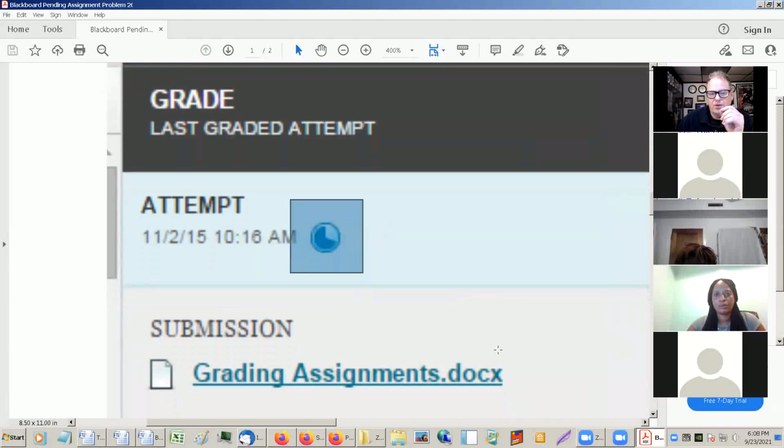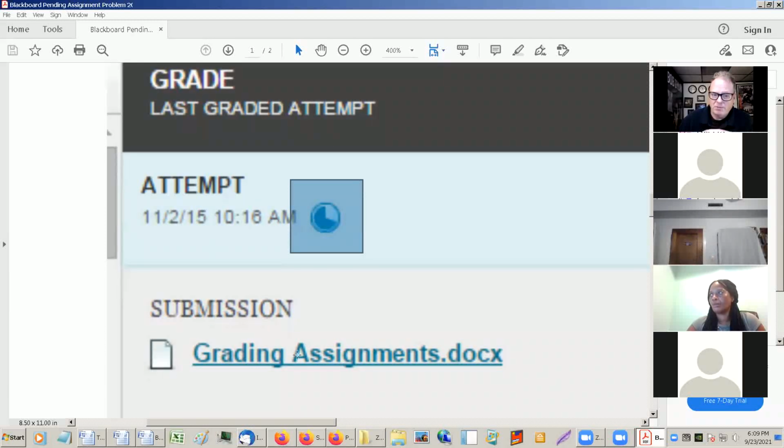It's pending. You can see it because it'll be in your Blackboard account, but I can't. And not only that, I can't delete it. So you have to go through and submit it, make it a submittal for that assignment. And it's confusing because you look at this and it'll show submission, but it's actually not there.